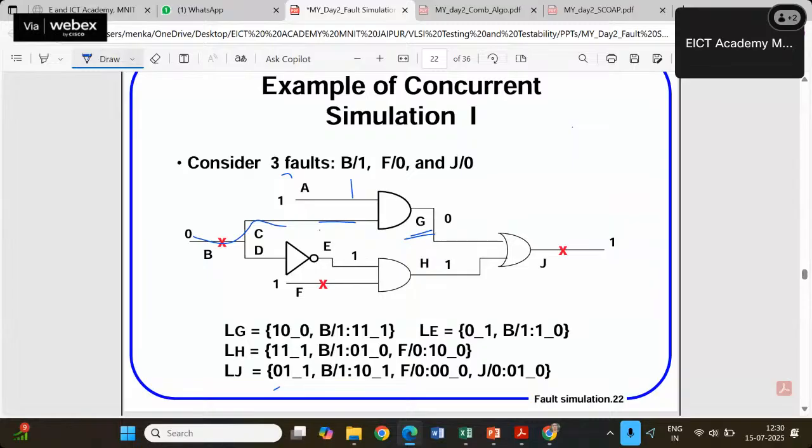And if I change this pattern to G, another one, this is simulation.